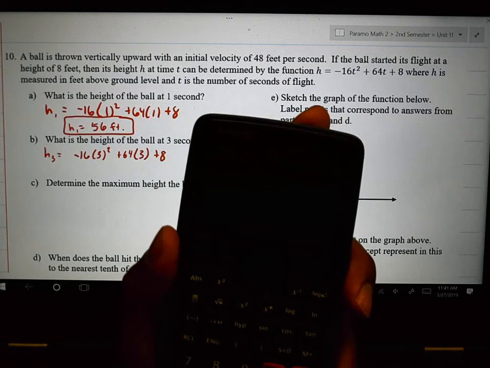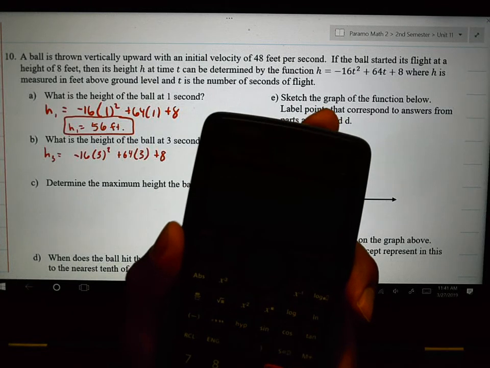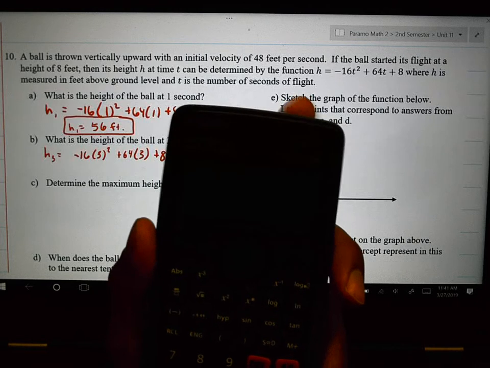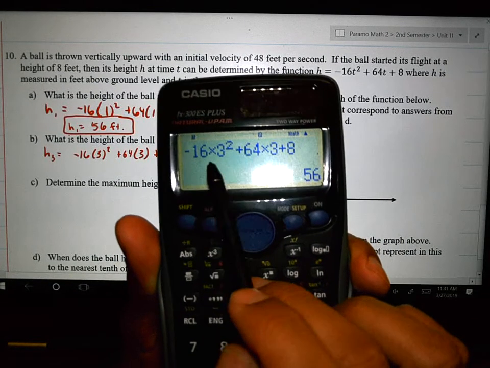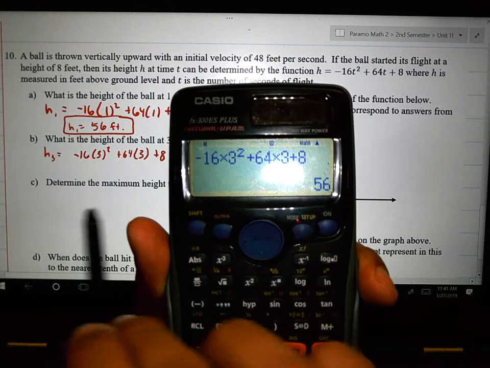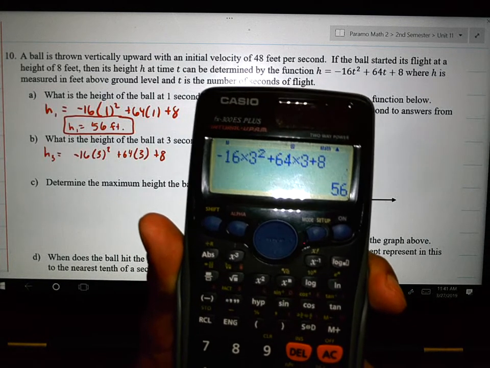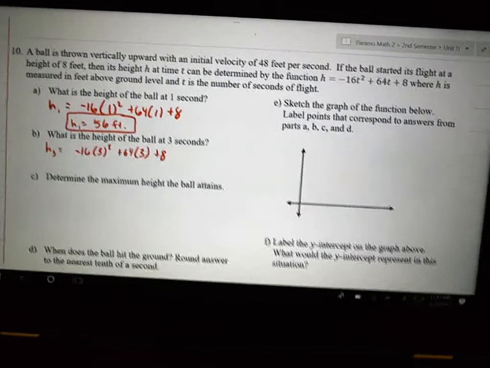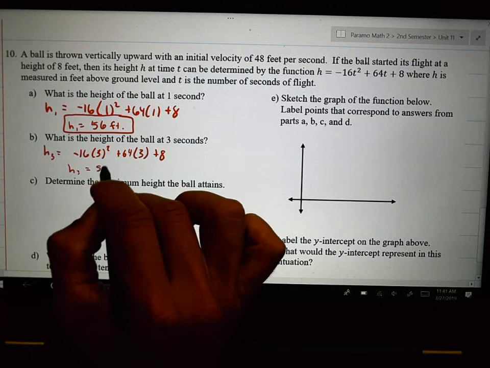Negative 16 times 3 squared plus 64 times 3 plus 8. What I like about these calculators is that I can check, did I type this in the same way that it's written on my board? And I can look and I say, yep, it is. Looks exactly the same. And what do you know? The height at 3 seconds is 56 feet.